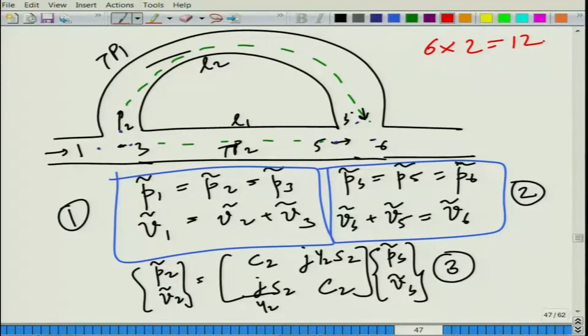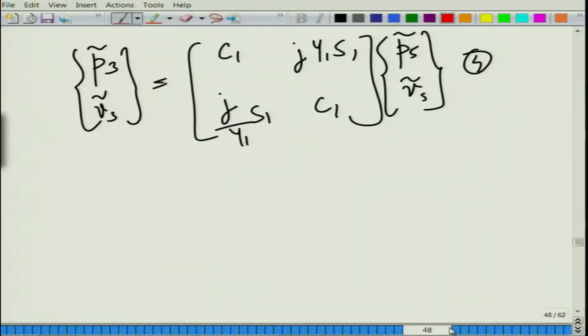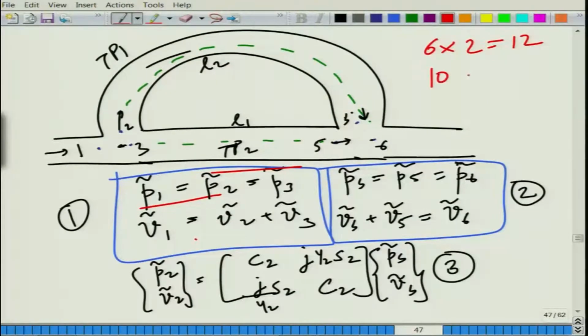And how many equations do we have? 1 and 2, because this one and this one together form 2 equations, and plus this one. So, 3. Okay. So, 3 plus 3 is 6, 6 plus 2 is 8 and 8 plus 2 is 10. So, we have 10 equations, all right, 12 variables and 10 equations.